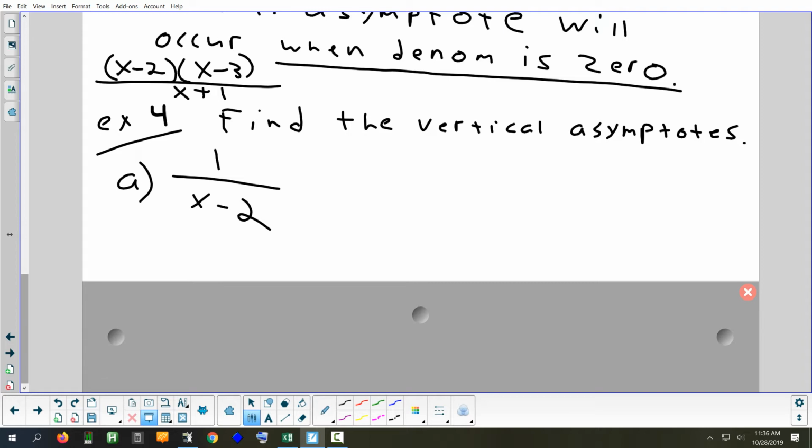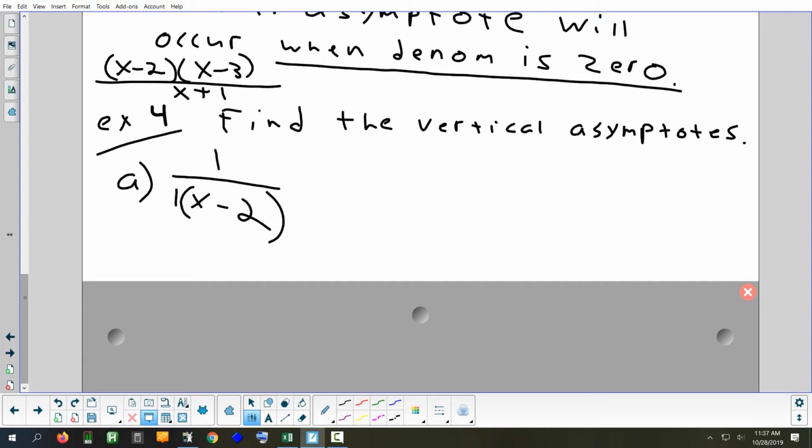Okay, let's find the vertical asymptotes here. Example 4a. Are there any common factors in the top and in the bottom there? Actually, 1b. Yeah, technically if you wanted to put a 1 like this, you could do that. But can that factor ever equal 0?